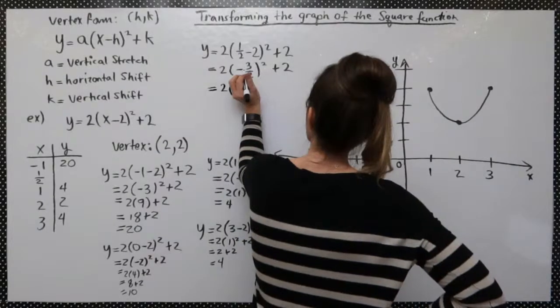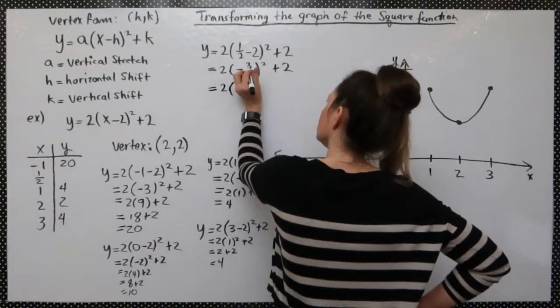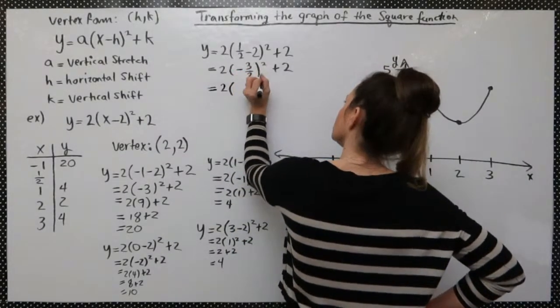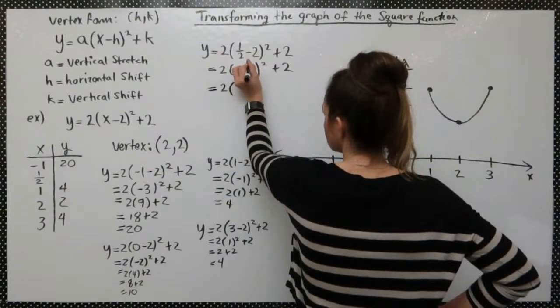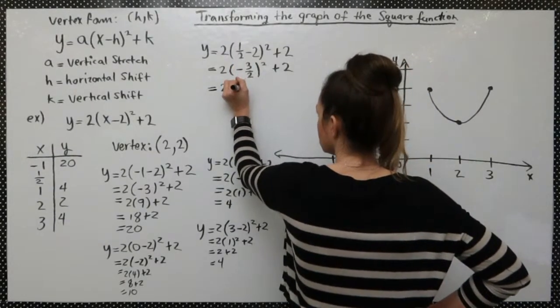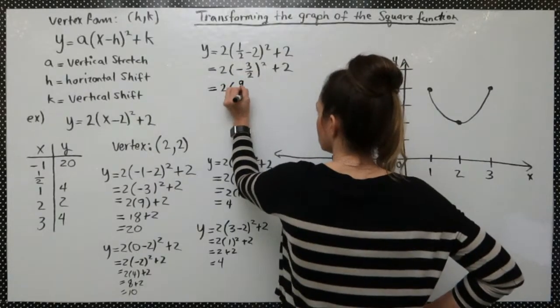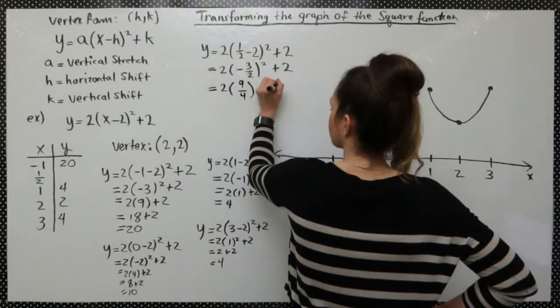So when, let's see, -3/2 squared, we know it's going to be positive, so we're just going to focus on squaring the fraction. So 3 squared is 9, and 2 squared is 4.